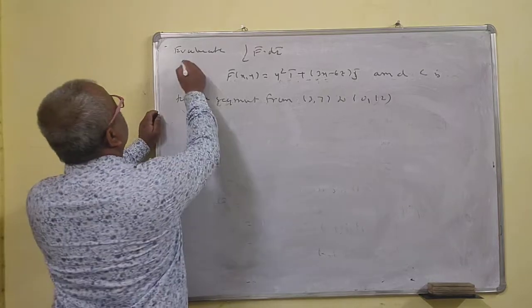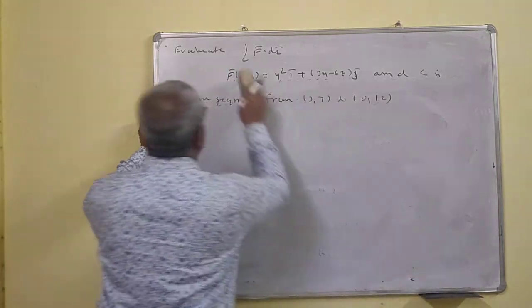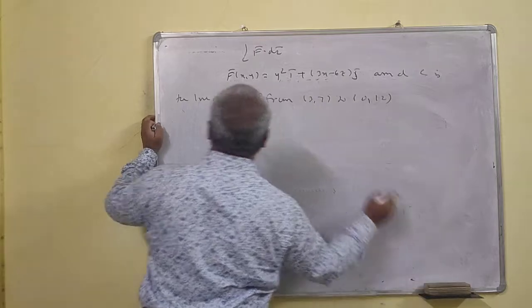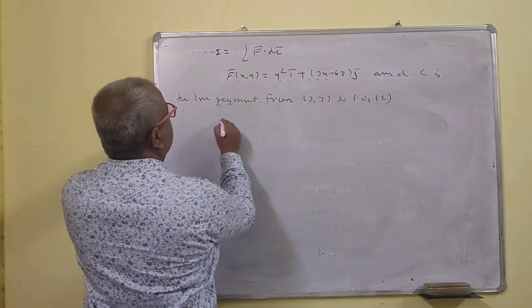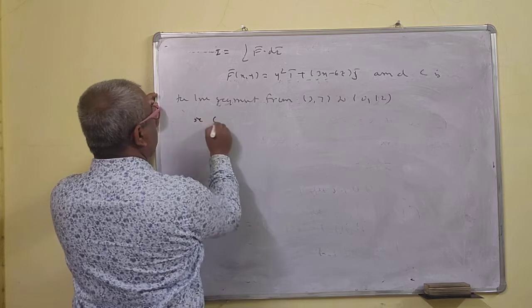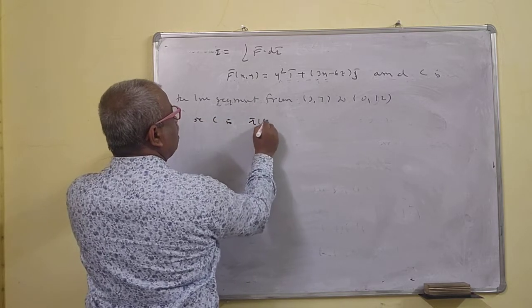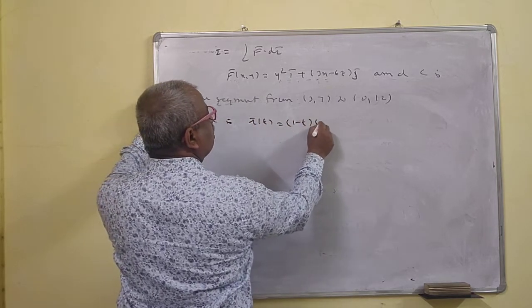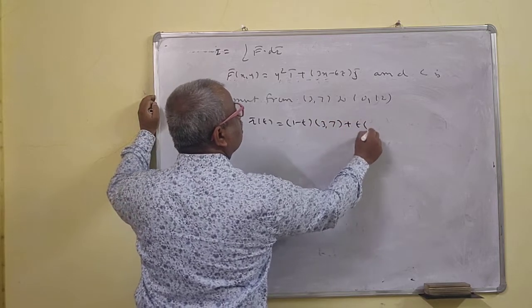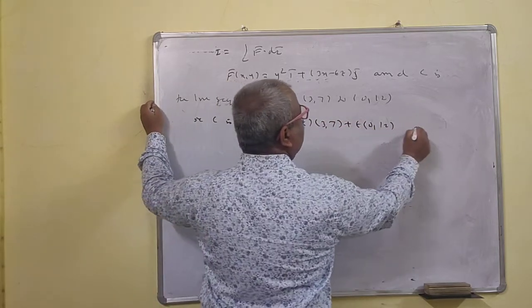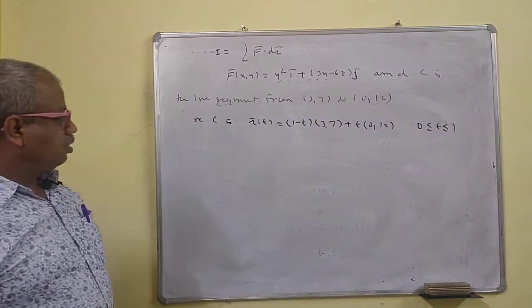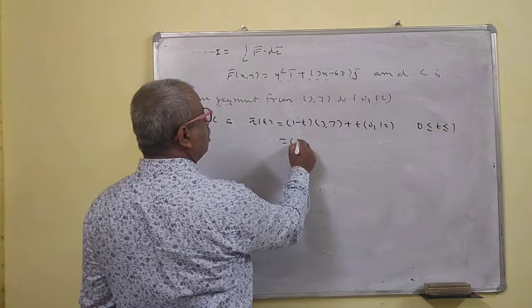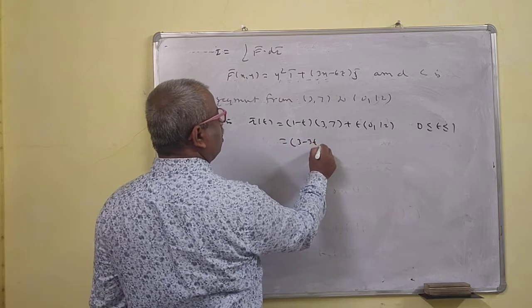Okay, solution. Let I be equal to this. So F bar is this. Now C is r bar of t equal to (1 minus t)(3, 7, 0) plus t(0, 1, 2), with t between 0 and 1. So this is 3 minus 3t plus 0.